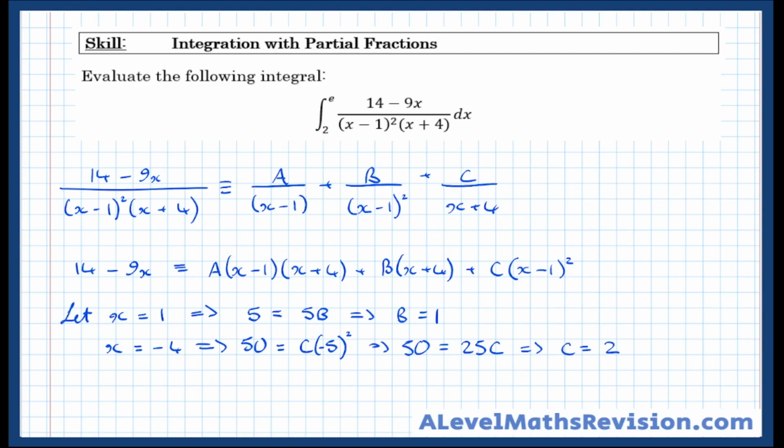And we'll run out of nice values that are going to make terms cancel now. So let's go straight to picking a nice easy value. In this case, I'm going to go with 0. So 14 minus 9 lots of 0 is 14. Equals, and we don't know what A is, so that becomes A times minus 1 times 4, plus B, which is 1, times 4, plus C, which is 2, times minus 1 squared, like that.